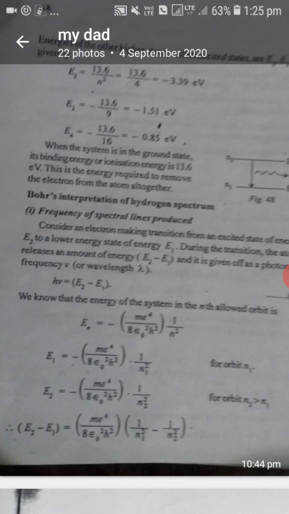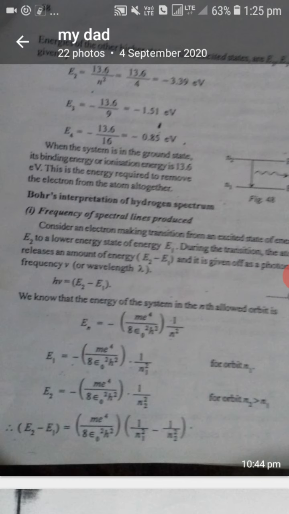This energy will be equal to h nu: E2 minus E1 is equal to h nu. We know the energy of the allowed orbit from the above equation: En is equal to minus m e power 4 divided by 8 epsilon naught square h square into 1 by n square. Here you put n is equal to 1 for the first orbit, then n is equal to 2 for the second orbit. Then you will find E2 minus E1.